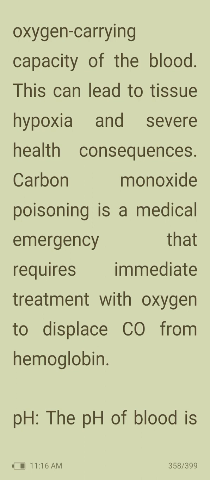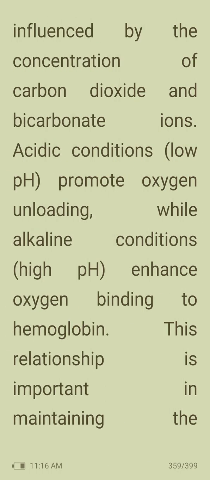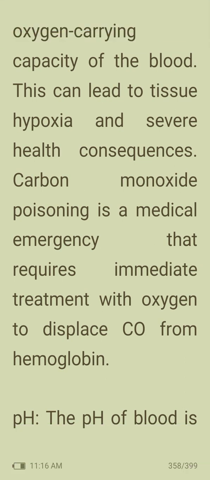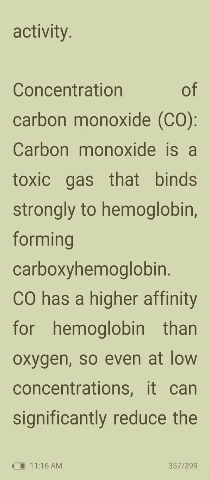Then pH. The pH of blood is influenced by the concentration of carbon dioxide and bicarbonate ions. Acidic conditions, which create low pH, promote oxygen unloading, while alkaline conditions, high pH, enhance oxygen binding to hemoglobin.